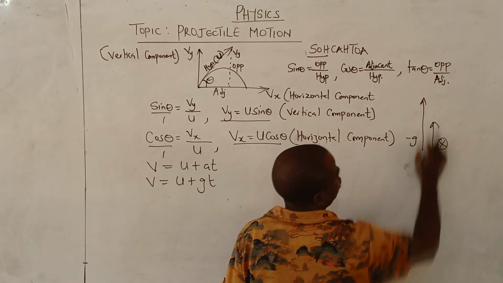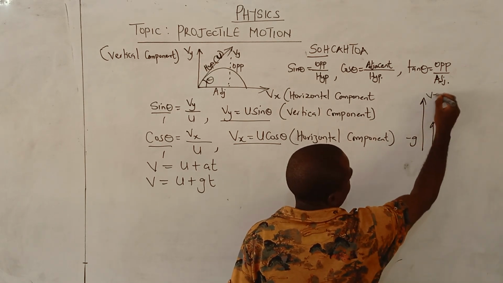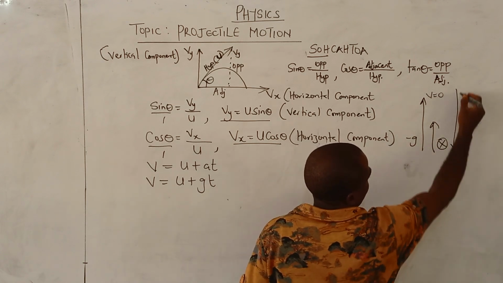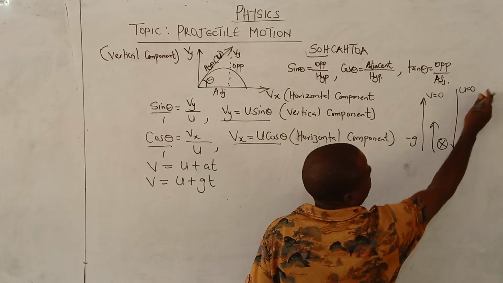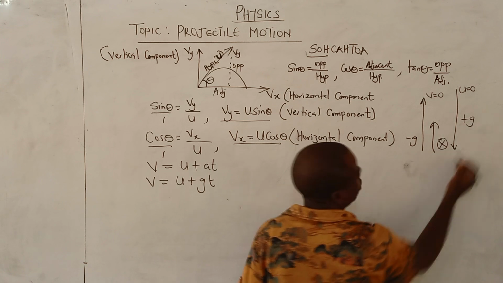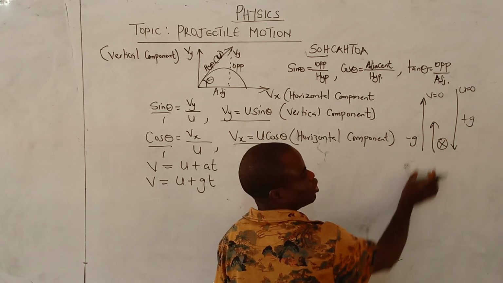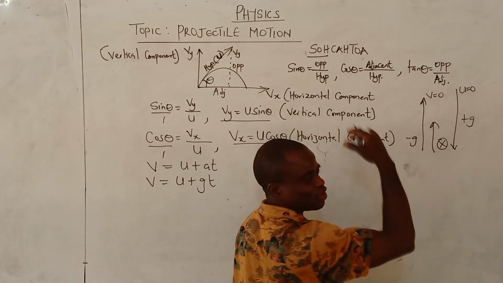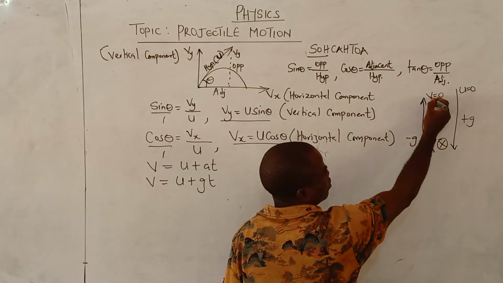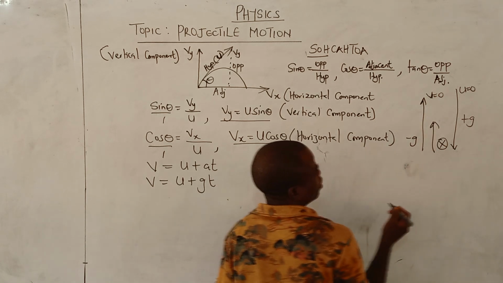And as it's moving up, the final velocity equals 0. But when the object is coming down, your initial velocity is 0 because it's at rest, and it's plus g. When an object is thrown up, it will get to a point where it rests. That's the final velocity before it starts coming down, v equals 0.